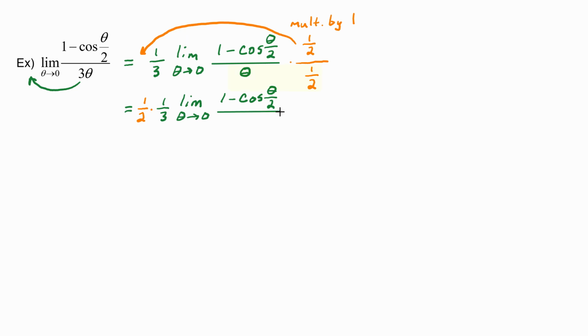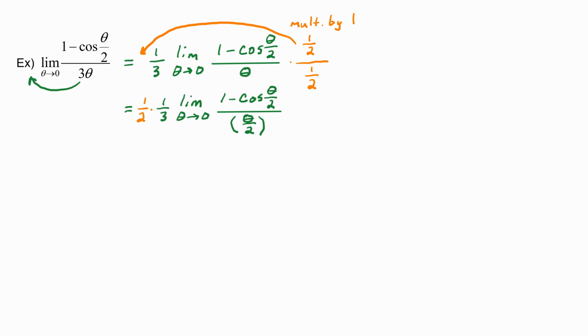And in the denominator, we have theta over 2. So now our denominator matches the argument of the trig function, and we just need to get the variable of the limit to match as well.